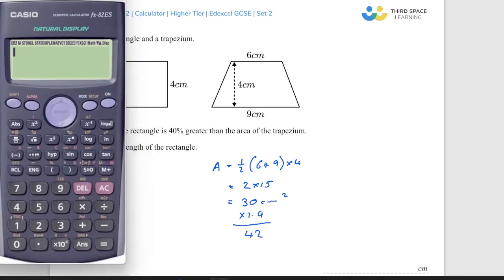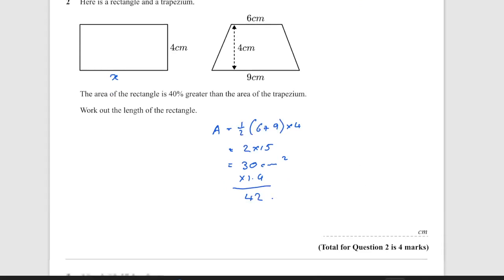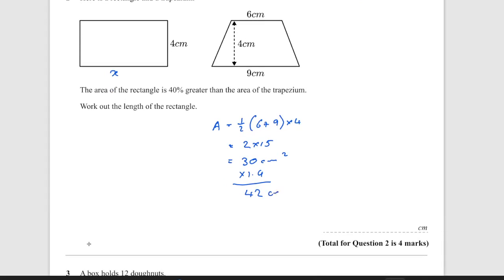I always get a bit too brave with some of these. Yeah, there we go, 42. So the area of the rectangle is going to be 42 centimeters squared. So x times by 4 is going to be equal to 42. So x is going to be equal to 42 divided by 4, which is going to be 10.5.